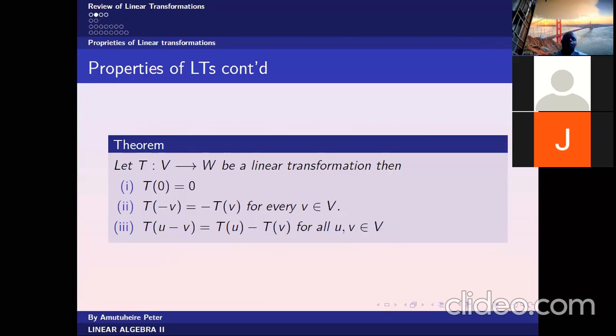Next, we'll continue to look at properties. The other 3 properties are stated in the form of a theorem.